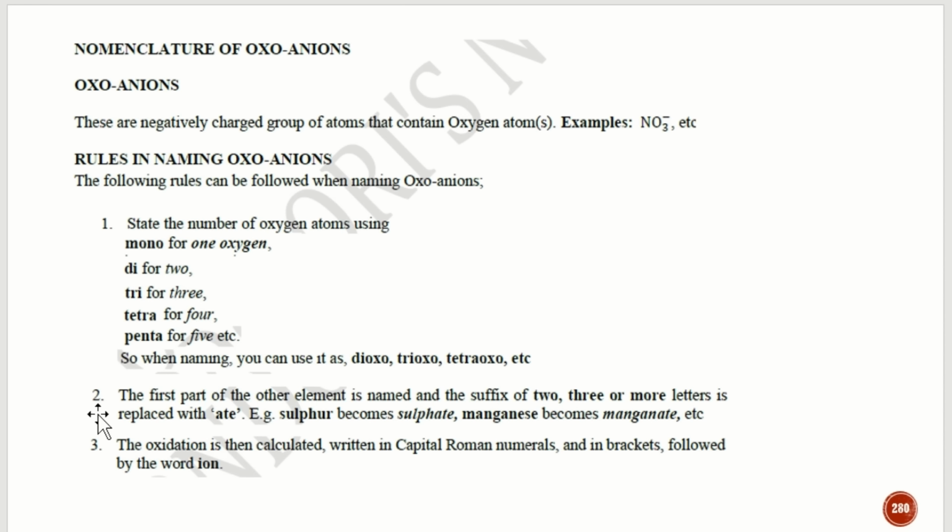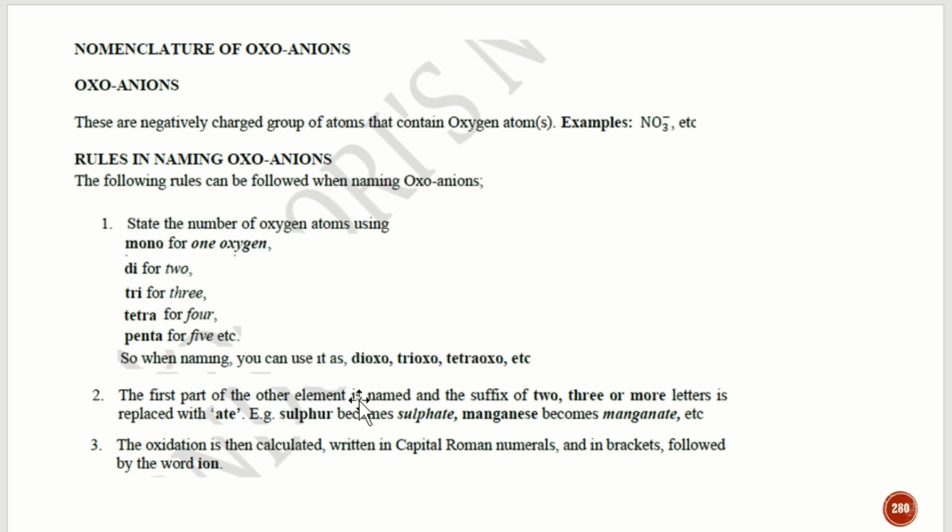First, state the number of oxygen atoms using the word mono if the oxygen atom is 1, di if they are 2, tri if they are 3, tetra if they are 4, penta if they are 5, and so on.